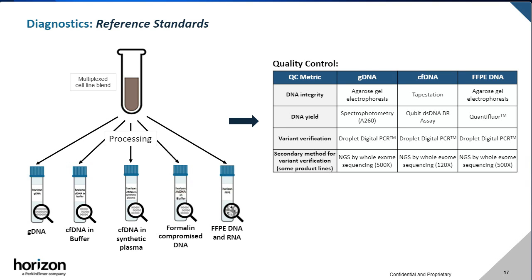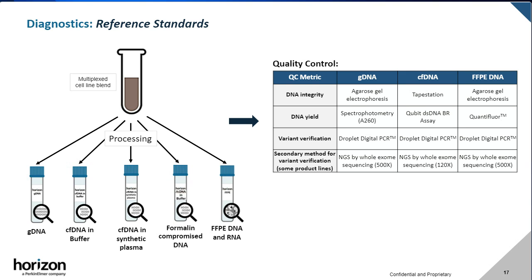formats. DNA integrity is analyzed using the TapeStation for the cell-free DNA product, and by gel electrophoresis for the gDNA and FFPE DNA to confirm correct size distributions. DNA yield is performed using spectrophotometry for intact gDNA products, and using fluorescence-based methods like the Qubit broad range assay or QuantiFluor for fragmented DNA in cfDNA and FFPE DNA products, respectively.